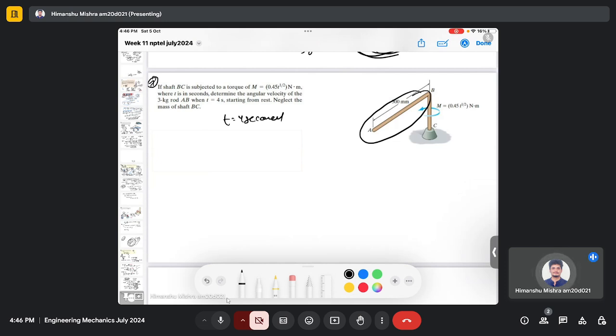So we can use the concept omega equals alpha by t. So my d omega will be alpha dt, and if I am integrating from 0 to omega here and from 0 to time here, I need to find alpha first.